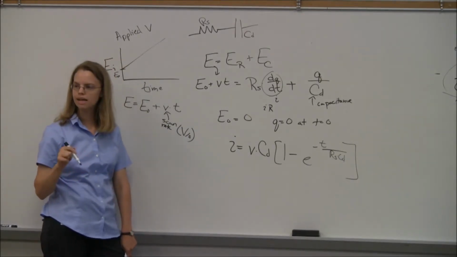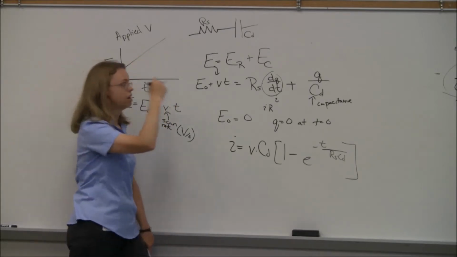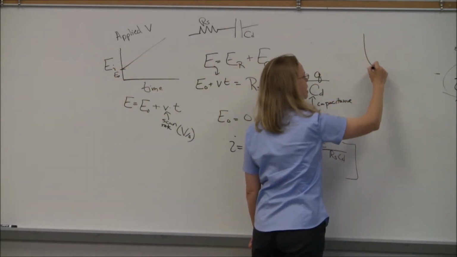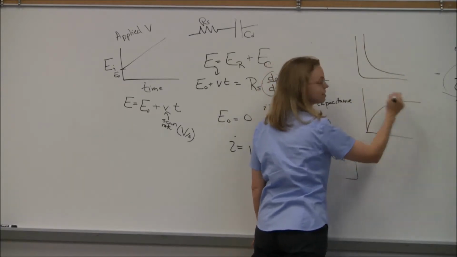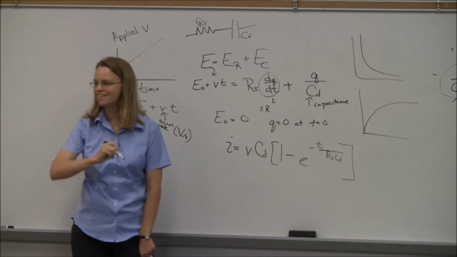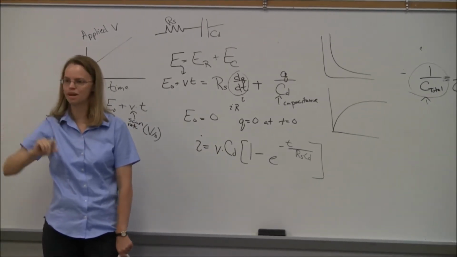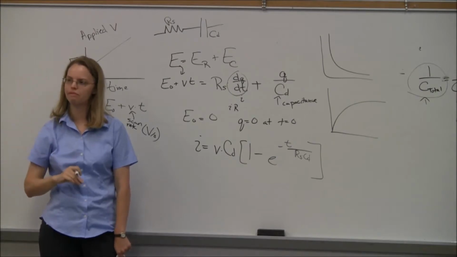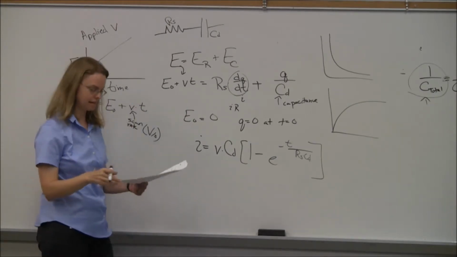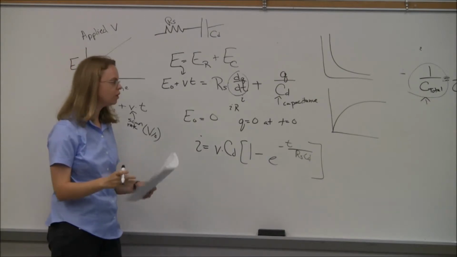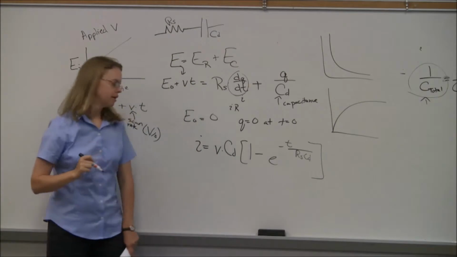So 1 minus an exponential, right? 1 minus an exponential decay gets you this. So it's just the curve going up rather than coming down. I think you probably could have figured that out. So that's a real common curve that we see all the time, 1 minus an exponential. Okay, so this is the kind of shape that we should get.